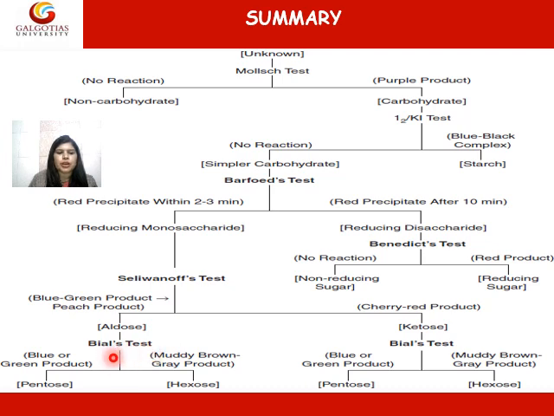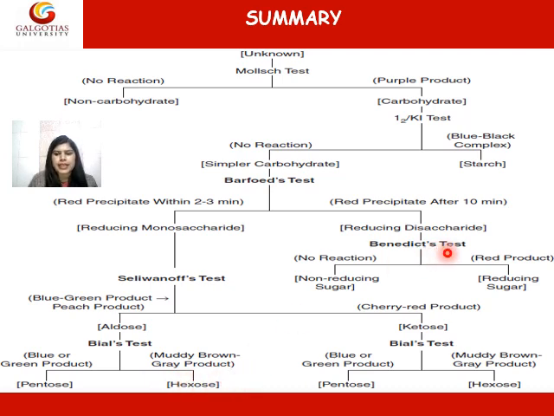If there is a blue or green product present, then pentose monosaccharide is present. If there is a muddy brown product, then hexose is present. Bial's test is used for identification between pentose and hexose monosaccharides.